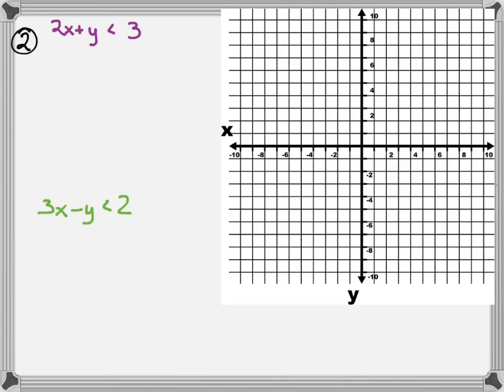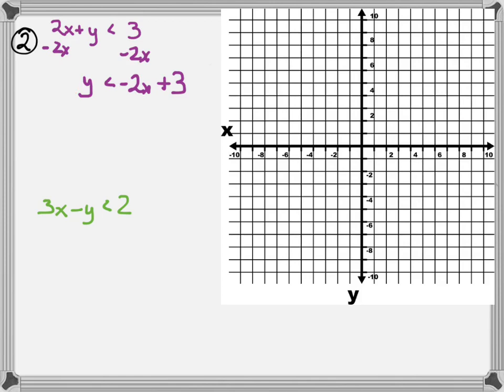So let's look at these two. What's different here is now we don't have it solved for y. And so just like when we were solving yesterday's for y, we move the x away first, leaving us y is less than -2x, and the 3 was positive, so plus 3. Now, there's nothing being multiplied to the y, so I am done with that one.